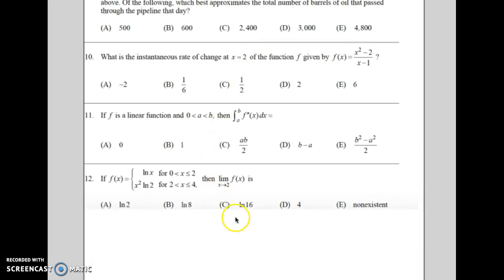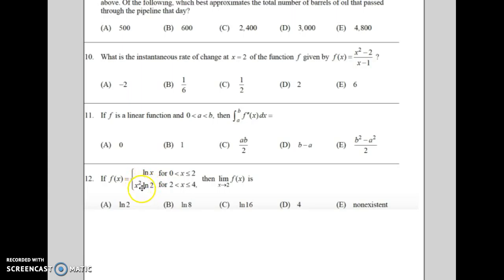I've given this question to you before on a test or quiz. Basically, whenever you're given a limit question, you take the number and plug it in. So if I were to plug in 2, I'd get the ln of 2 here, and if I plug in 2 here, you'd have 2 squared ln of 2.